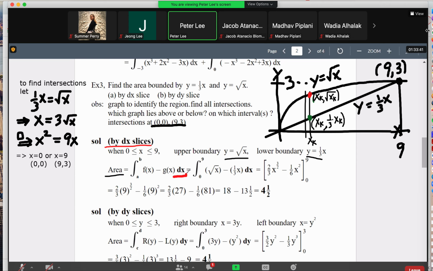The slicing direction. Right now this is section 5.1, and in this class we will go up to 5.2, or we may start section 5.3.